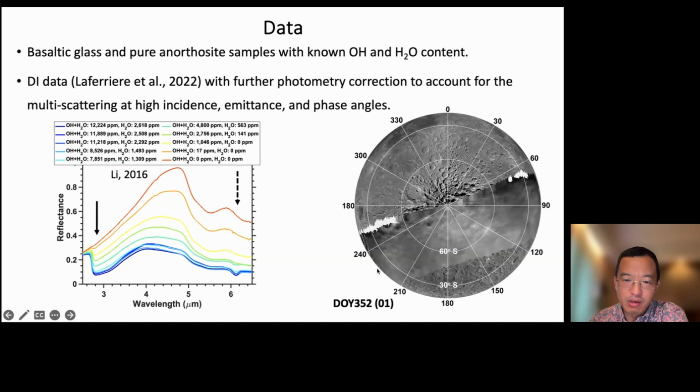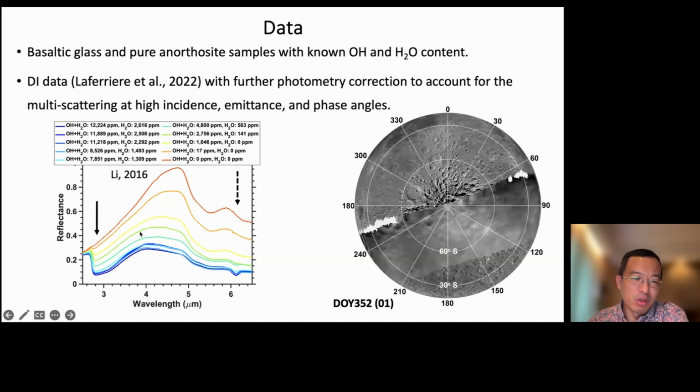One example I'm showing here is a DOI 352 overlaying on the LROC WAC data. You can see this covers a very wide range, and some of the observations are in extreme cases, like very high incidence or emission angle. So we just apply a further photometric correction.